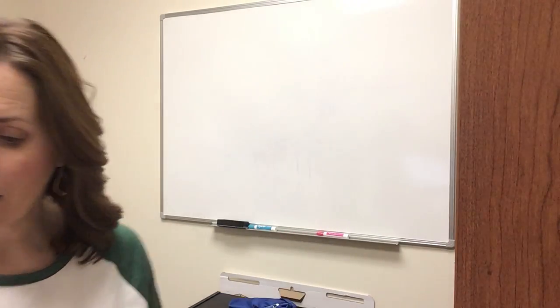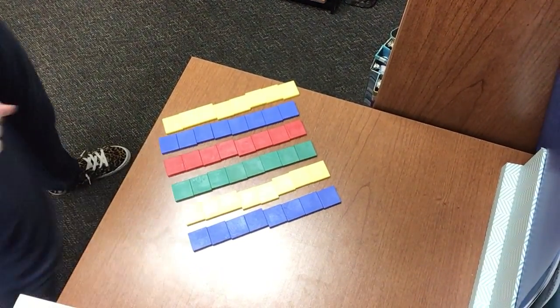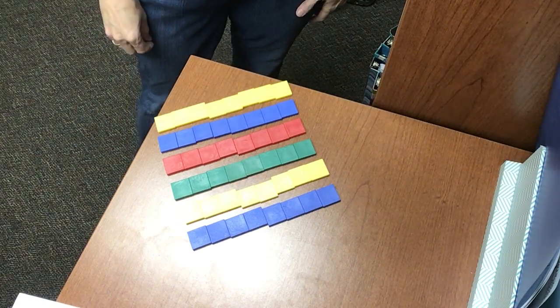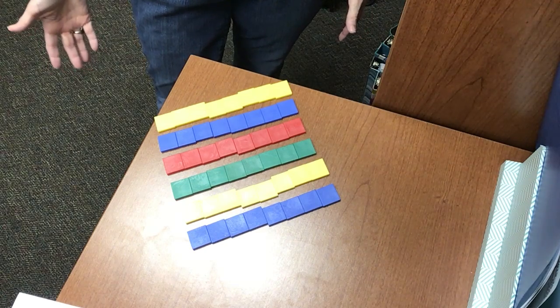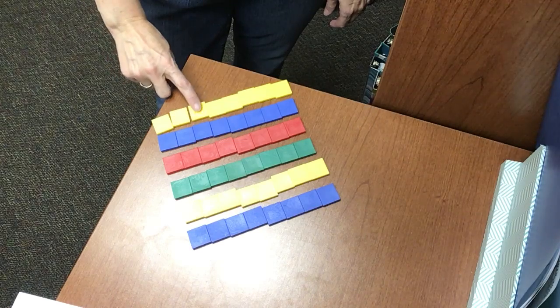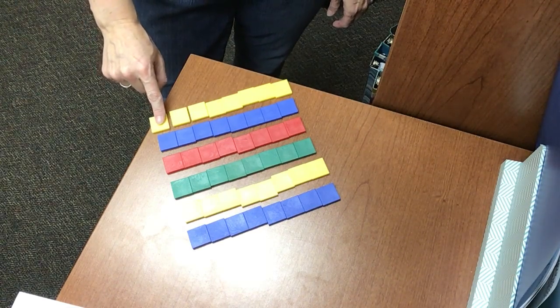So let's see what that looks like with manipulatives. Here I have built 6 pizzas, and I've used 8 pieces for each one because each pizza is sliced into 1/8 size pieces. So this is 1/8, 1/8, 1/8, 1/8, etc. But this is also one serving.